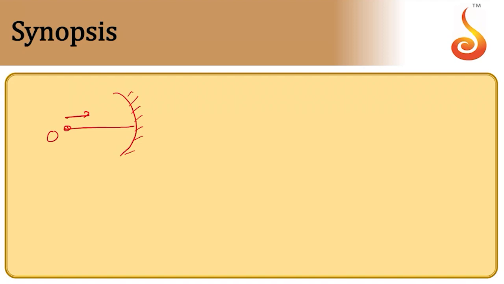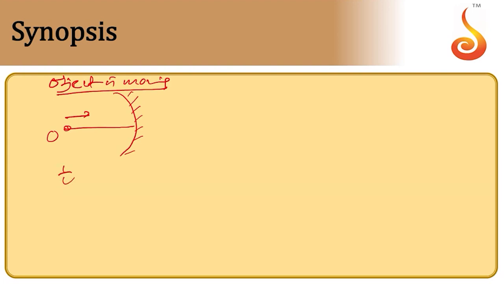So, the velocity of the image of a moving object. In this case, the object is coming from infinity towards the focus of the concave mirror.